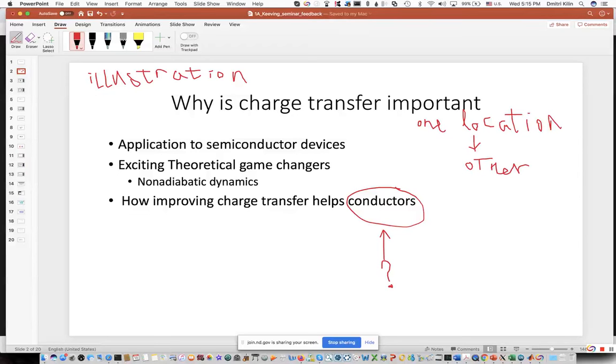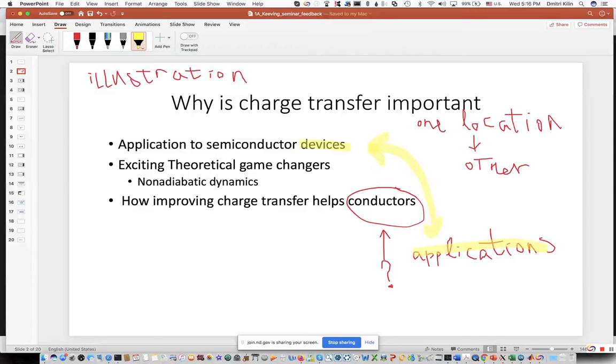However, if we're studying charge transfer, unfortunately we can't make that adiabatic assumption, and we have to use non-adiabatic dynamics. In non-adiabatic dynamics, we're assuming that the nuclear states directly affect the electronic states. So that's non-adiabatic dynamics in 2 minutes.